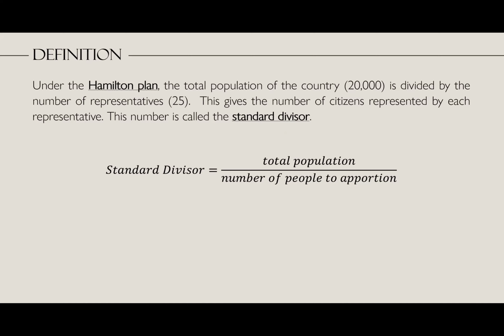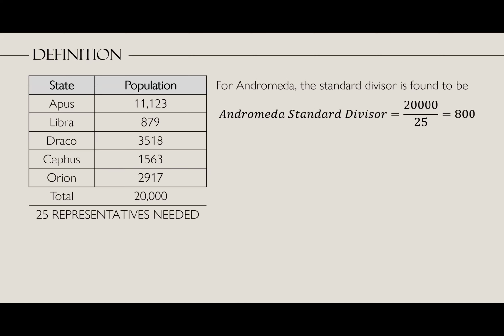What does a standard divisor mean, and why do I even mention this? Well, ideally, this standard divisor gives me the number of people that each representative should be representing. So in my fictional country, let's take 20,000 divided by 25. If I do that, I get exactly 800.